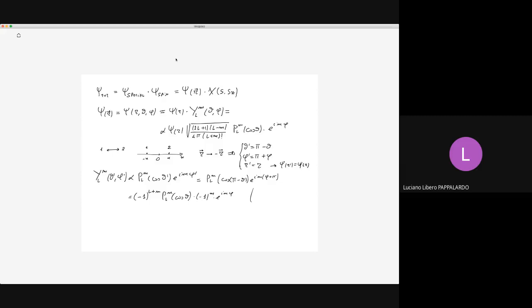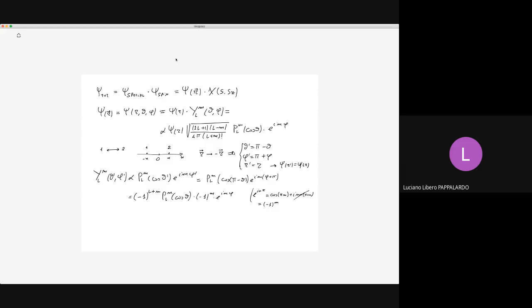You can decompose the exponential into e to the i m phi times e to the i m pi, and e to the i m pi, using the Euler formula, is cosine of pi m plus i sine of pi m, which is indeed (-1) to the m, because the sine of a multiple of pi is always 0.